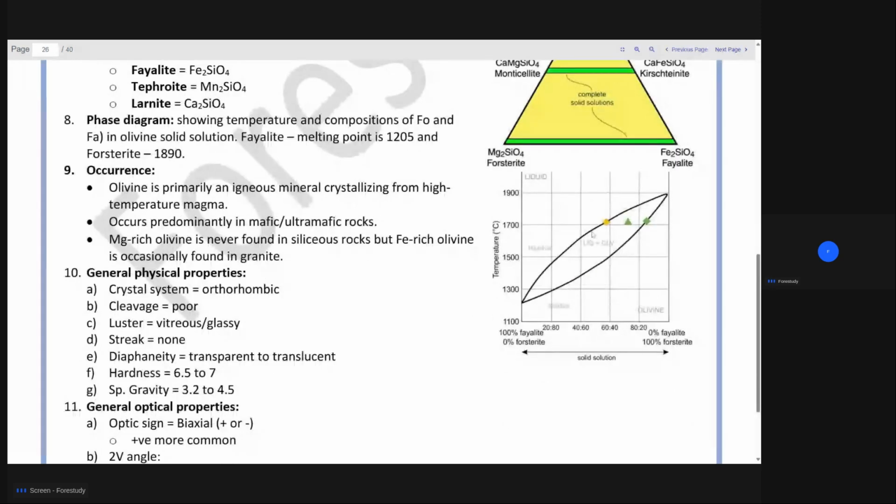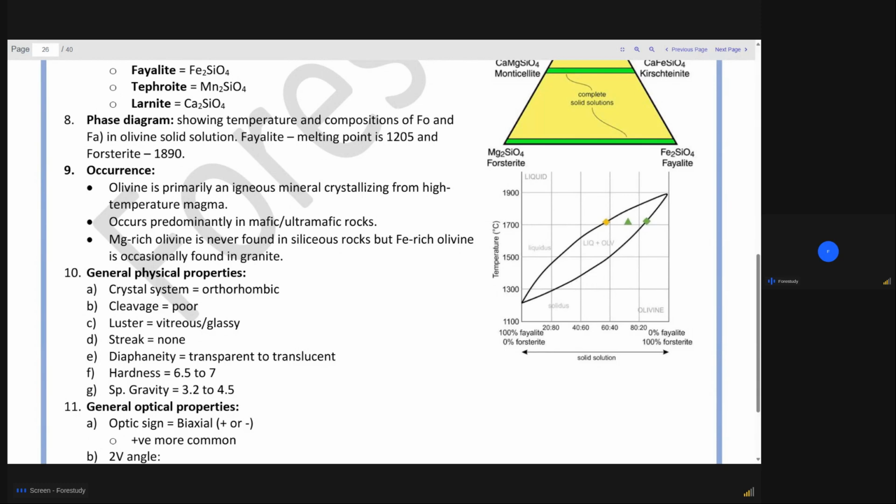The same thing can happen if we want to melt a crystal, just the opposite. That can also be demonstrated using this diagram, but that is a different topic.